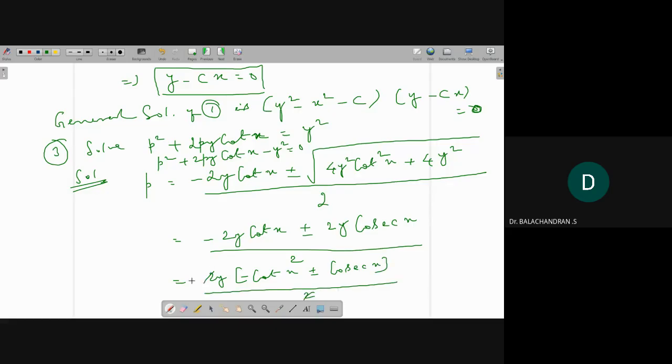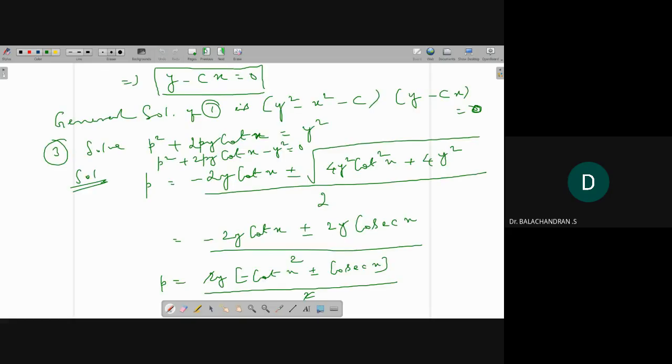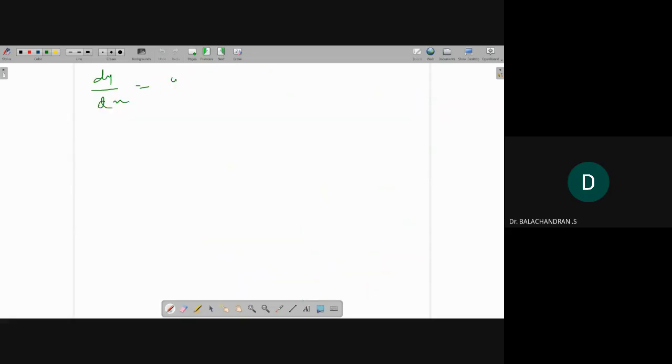So 2 gets cancelled. This is your p. So the first choice is dy by dx equal to y into minus cot x plus cosecant x. So somebody will try this, somebody will try the other option.